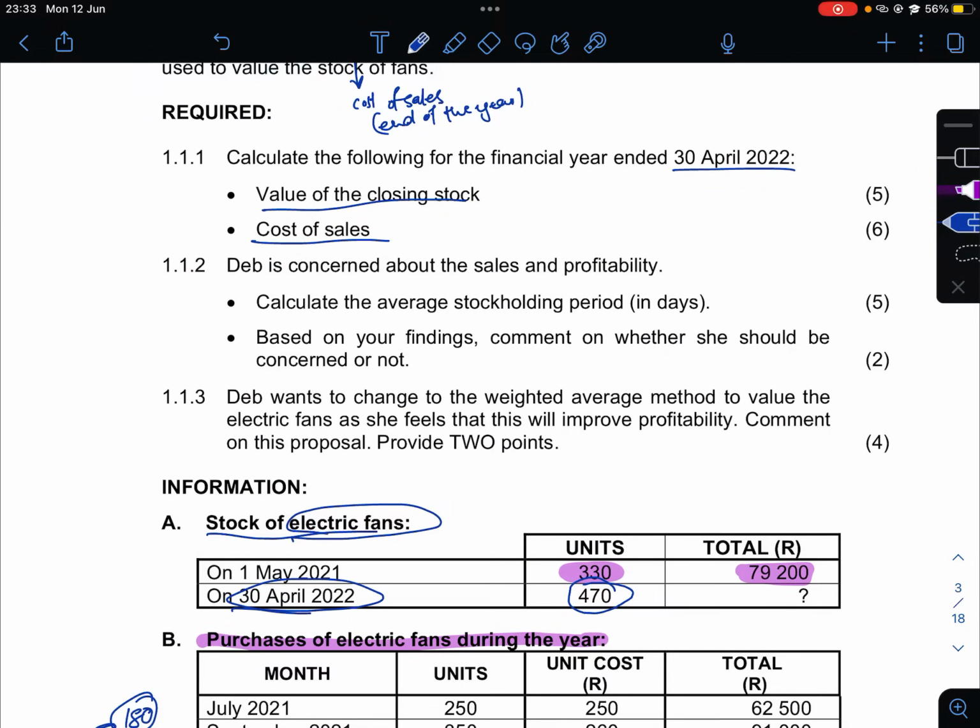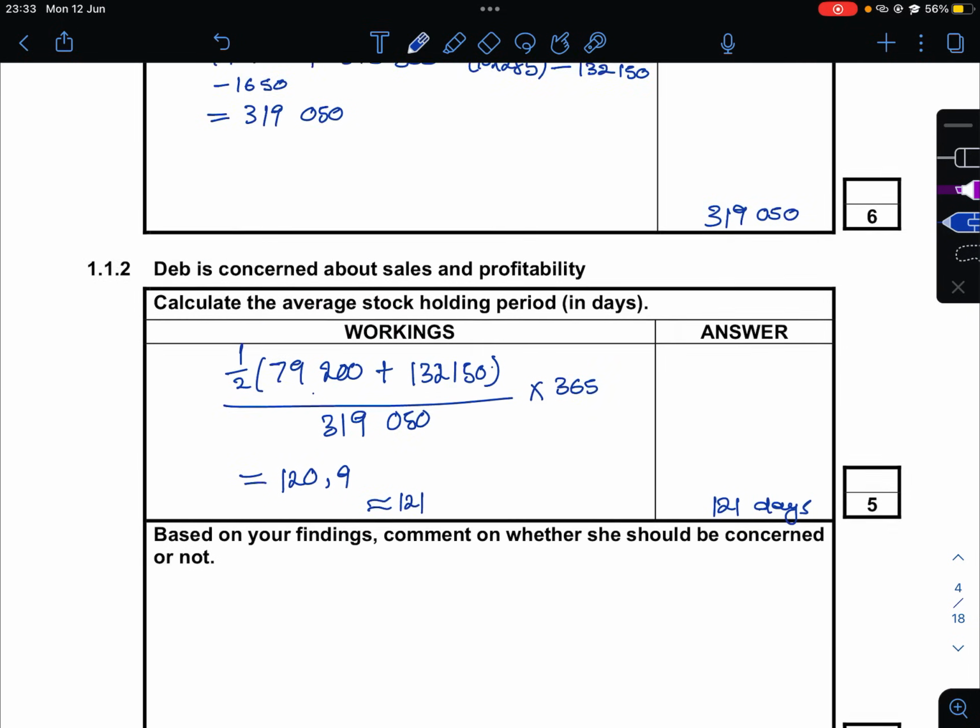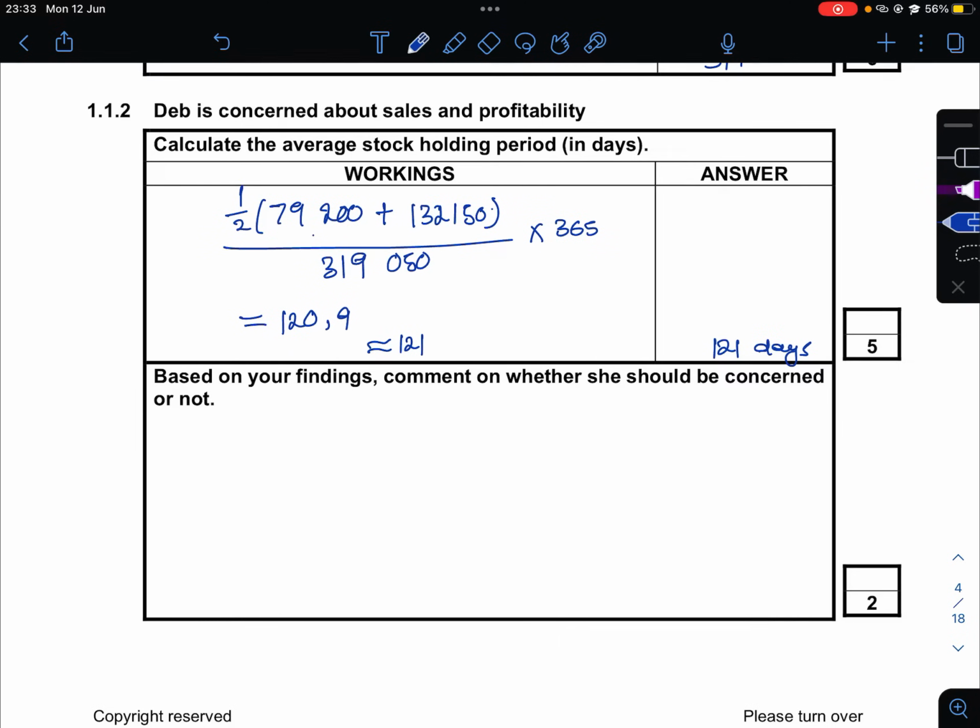Electric fans. All right. So these type of questions, they want you to think outside the box. As they're selling fans, now her average stock holding period is 121 days. Okay, and we know that we can't buy fans throughout the year, but we can only buy fans on warmer seasons, just like say spring and then summer.